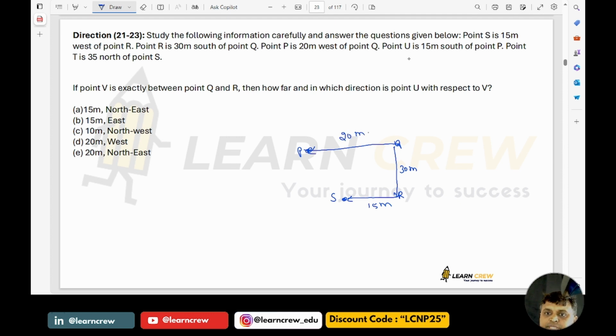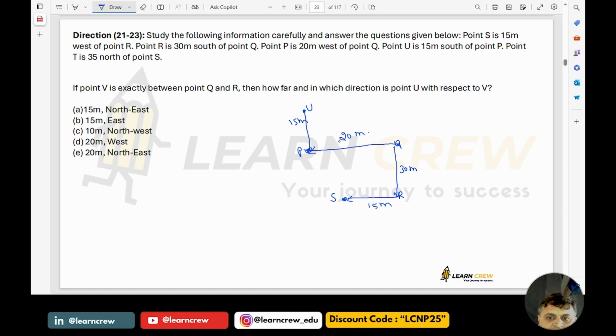Now point U is 15 meters to the south of point P. So this is point U. This is 15 meters. Now point T is 35 meters from here. So this is 30.